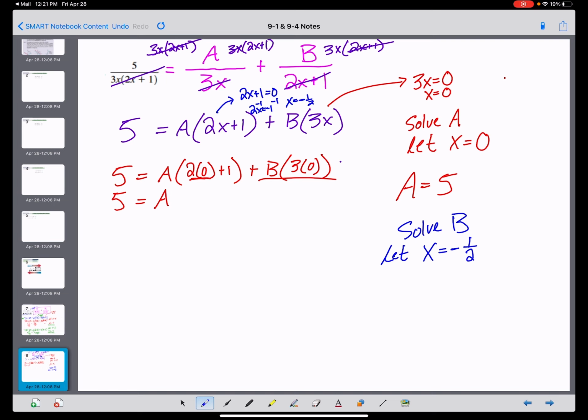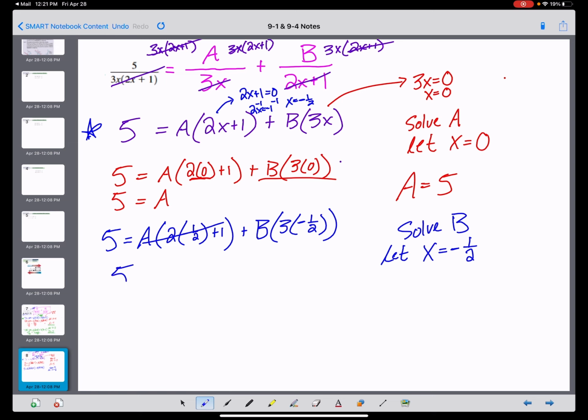I get back at this equation, the one that I'm always going back to. So I got 5 equals A times 2 times negative 1/2 plus 1 plus B times 3 times negative 1/2. Negative 1/2 times 2 is negative 1, and when I add 1 to that, that's 0. That's how we made A go away.